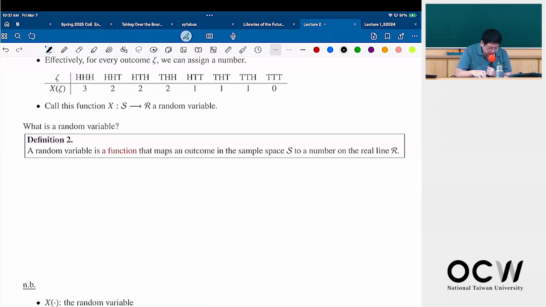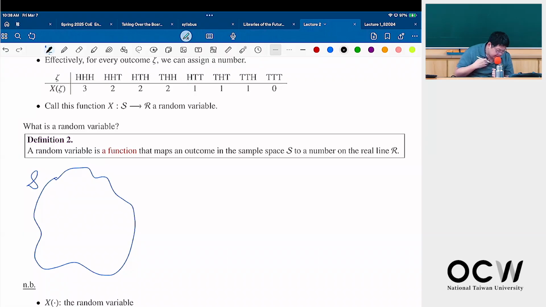So if I have a sample space here, sample space S, I have the outcomes. Say this is C1, one of the outcomes.